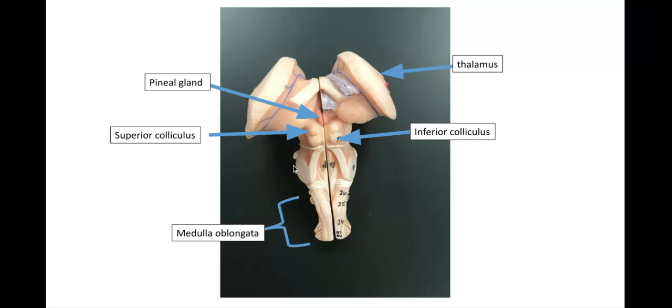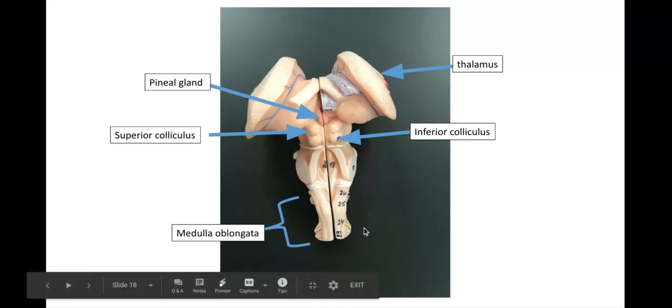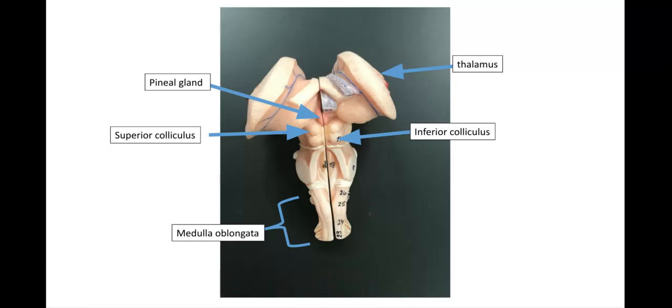If we go down a little bit to this widened spot, that's your pons. It's going to be there for respiration. And then the medulla oblongata, still a little bit of respiration, coughing, sneezing, vomiting, but its main job is to connect down into your spinal cord.